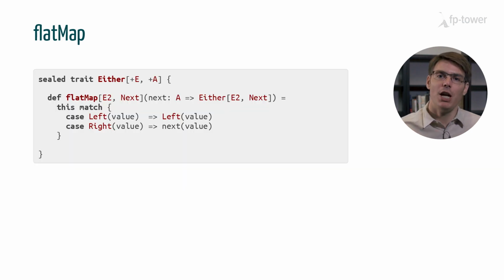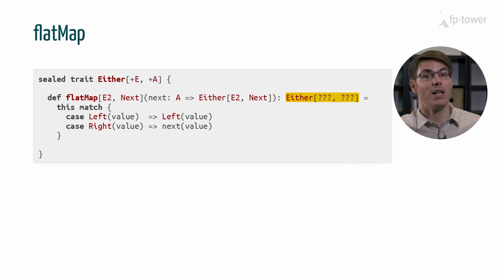A naive implementation of flatMap would look like this, where the next function returns an either of E2 next. This means that both eithers have different success and failure types. Now, the question is, what will be the return type of flatMap? To answer this question, we need to check the return type of each branch of the pattern match.